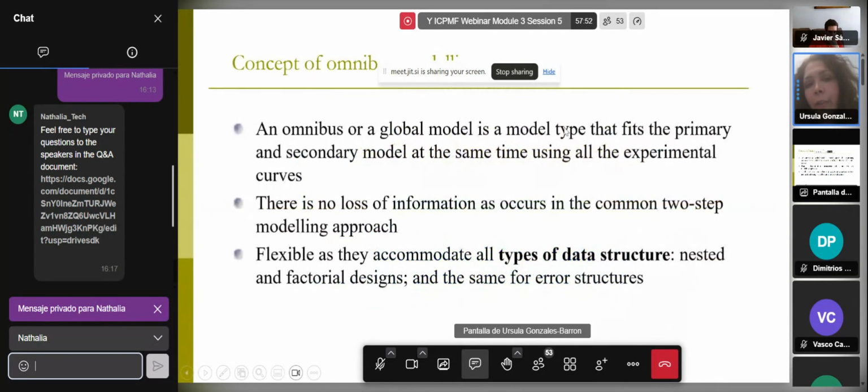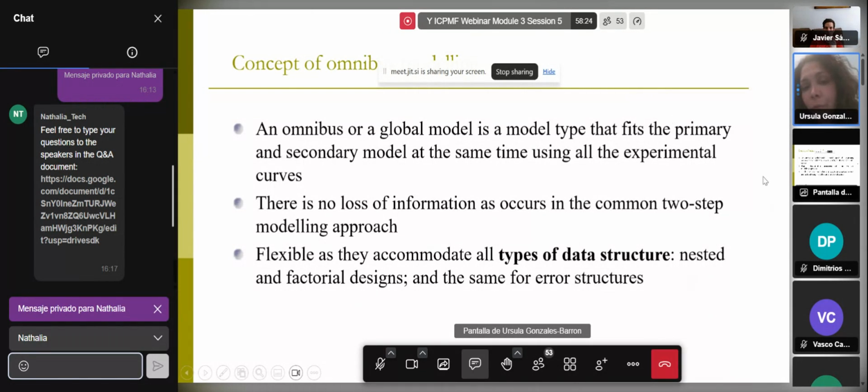So therefore, with the global model, you have to think that you are going to fit primary and secondary at the same time, but that does not mean that you do not have to see how your growth rate or lag phase duration or death rate vary with temperature or with pH, because you still need to find the trend. You will need to know the trend in order to choose a secondary model.